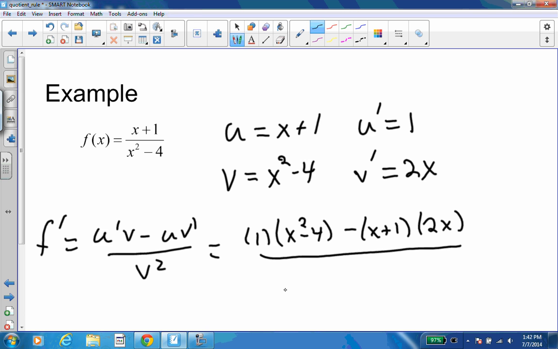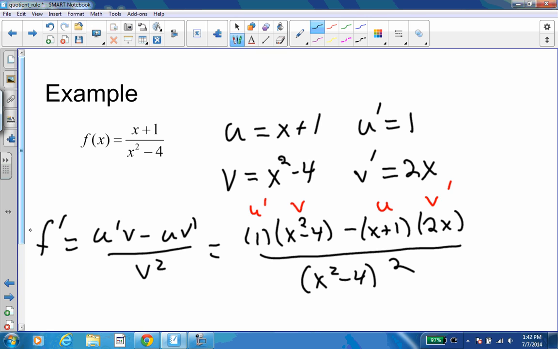All of that will be over our v squared, which is x squared minus 4, squared. Okay, and just to make it clear as you watch through, the 1 is my u prime, there's my v, there's my u, there's my v prime.